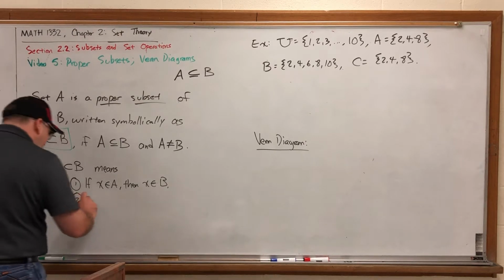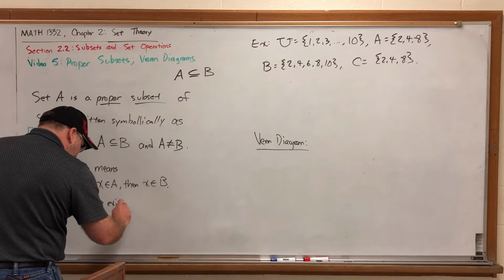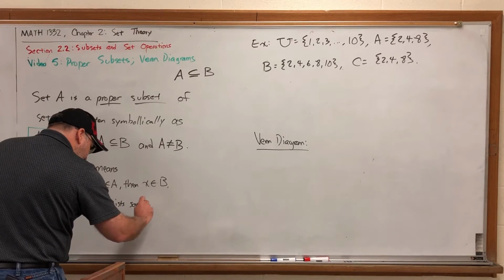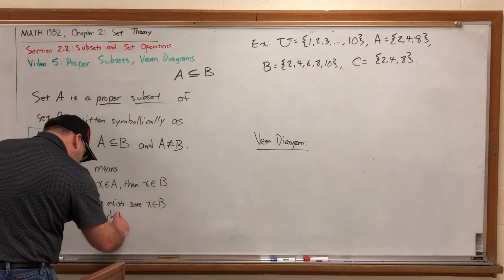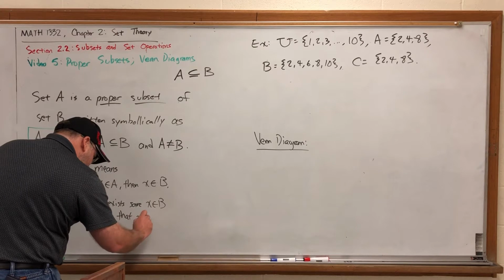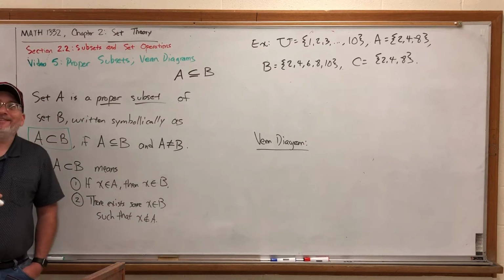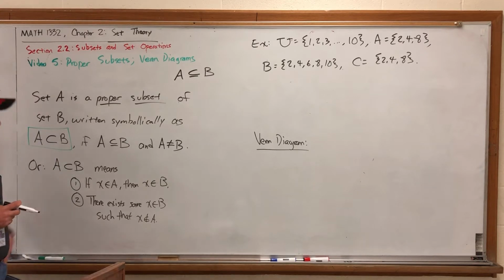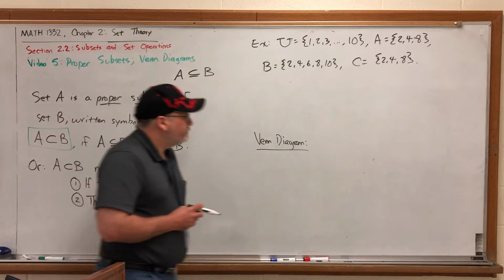So we can say there exists some x an element of B such that x is not an element of A. So B is bigger because it has something that A doesn't. So it's still a subset, it's just not equal to the larger set.